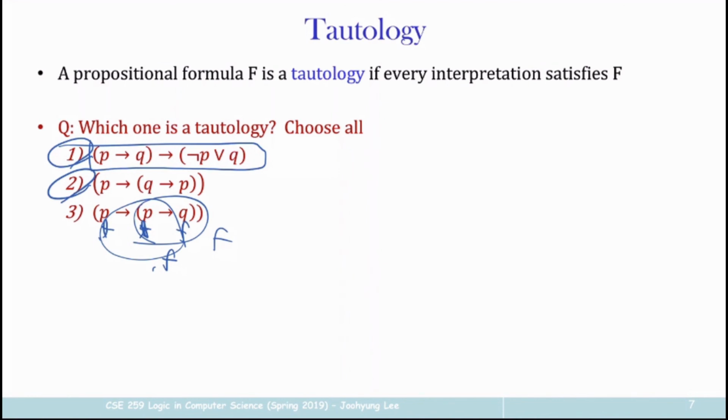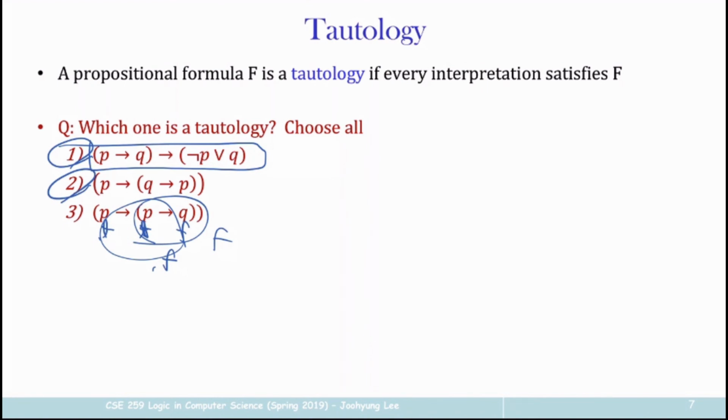So how many interpretations do you have to apply to find that one? There are 4 interpretations, right? And how many do you have to try? All of them, because none of them actually give you the one that you want. So in order to find it, you have to go through all interpretations. But nonetheless, if you're lucky, then like the third formula, you can say this is not a tautology.